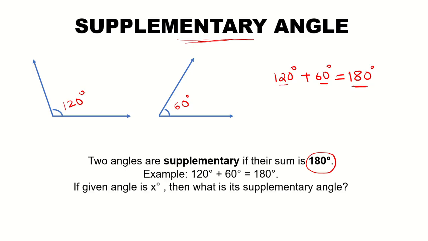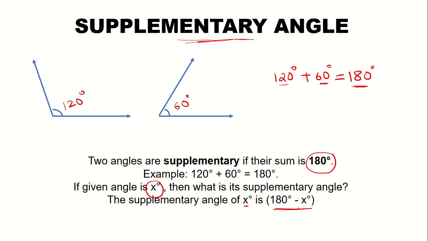Next, when angle x degrees is given, how will you find its supplementary angle? It is similar to the previous one which we discussed in complementary angle. Here, the supplementary angle of x degrees is 180 degrees minus x degrees. Now, let's say this is x degrees. If they say find the supplementary angle of this x degrees, how much is x degrees here? 120 degrees.